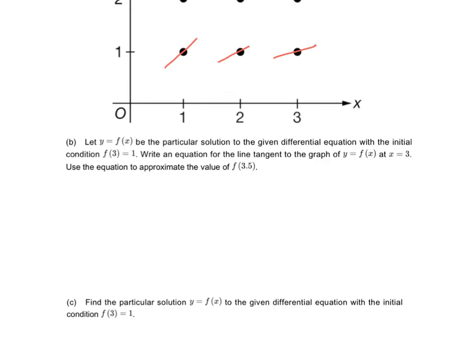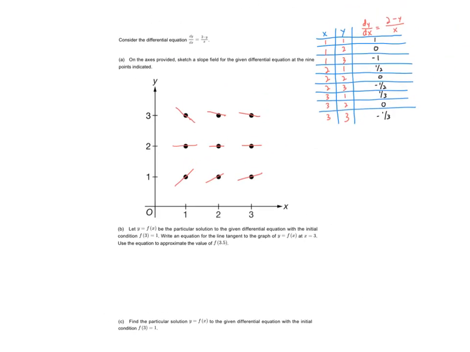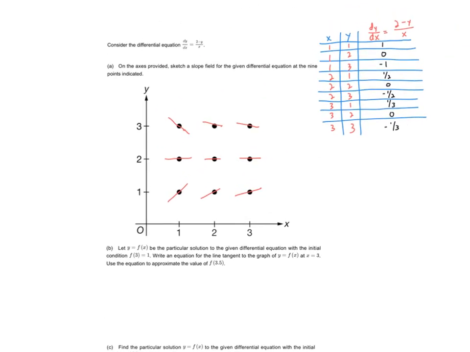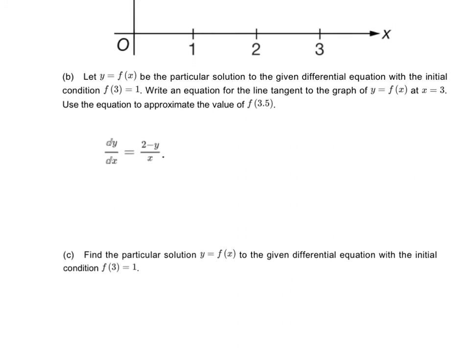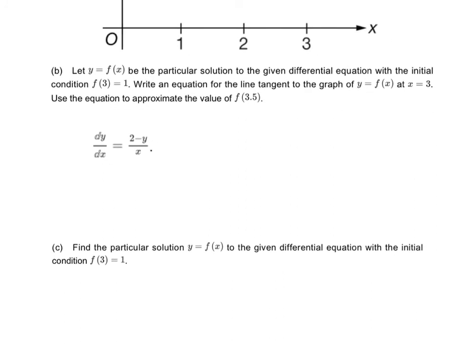Okay, so think about how this works. We're given this differential equation, but what this is saying is the derivative of y with respect to x, so this is really y prime, the derivative of some function, is equal to this.